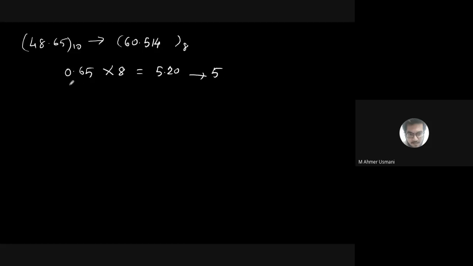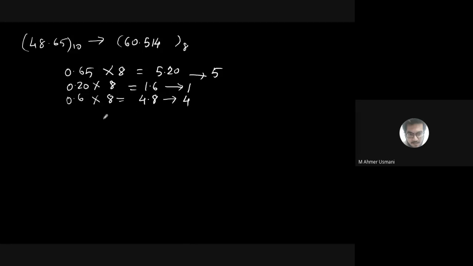Then we take 0.20 and multiply by 8. We get 1.6, so we get 1. We take 0.6 as the next number and multiply by 8. 8 times 6 is 48, so 4.8, and we get 4 as our answer.